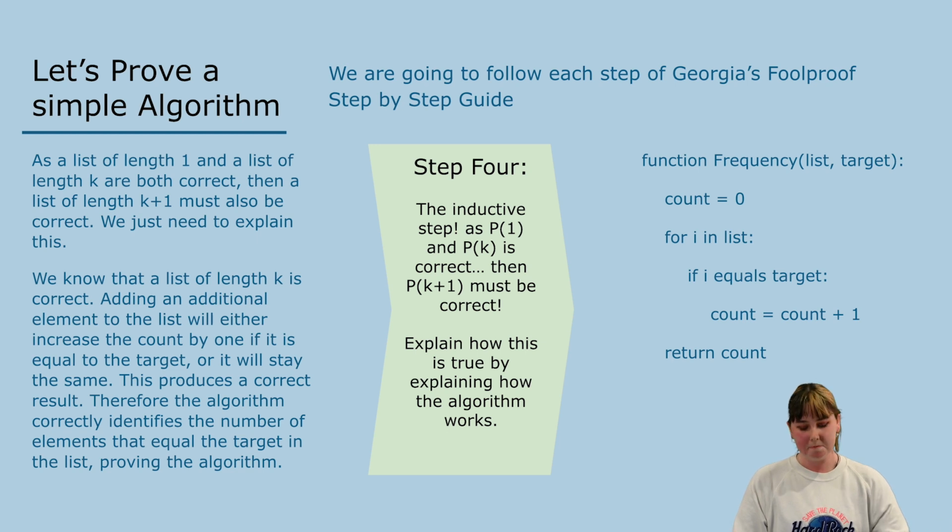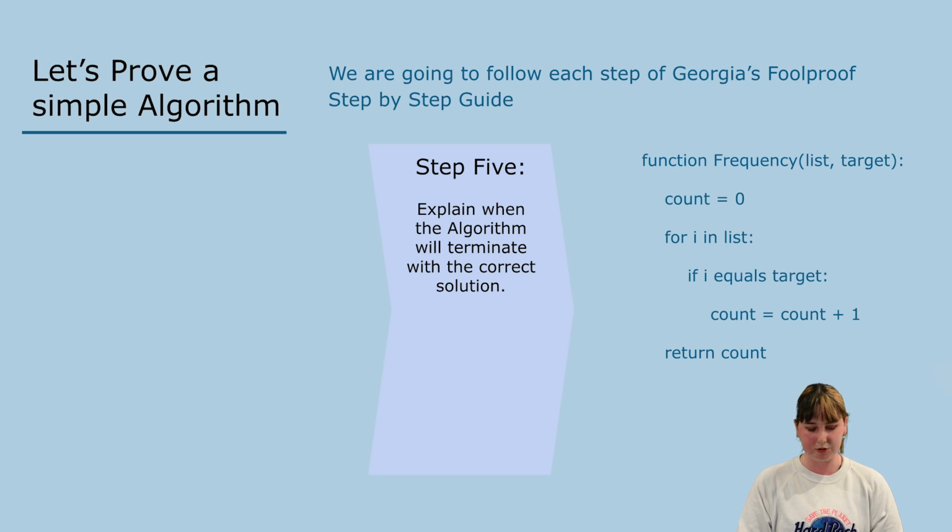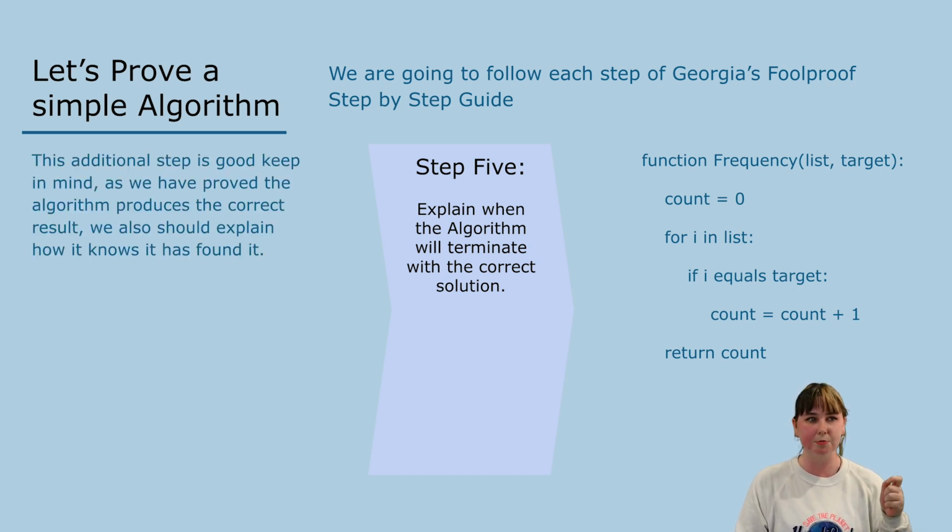And then step 5, we need to explain how the algorithm is going to terminate with the correct solution. So this is a very important additional step to keep in mind. As we have proved that the algorithm produces the correct result, we also need to prove that it will know what to do once it has found this correct result. So the algorithm will go through every element in the list using a loop, and then once complete, it will return the total.